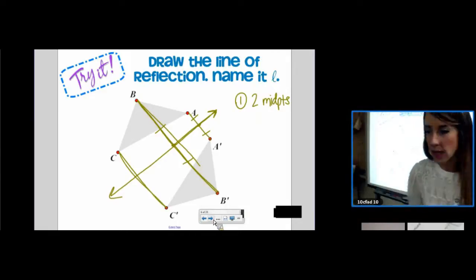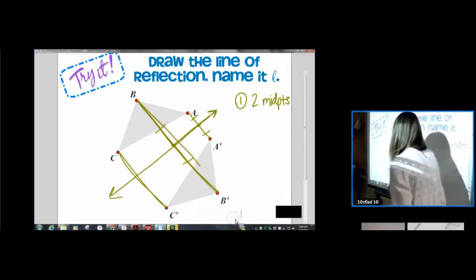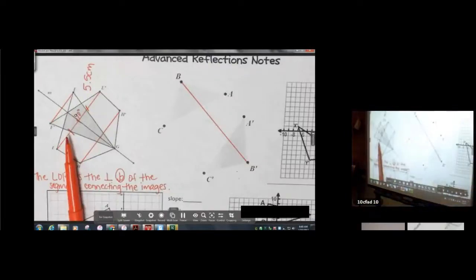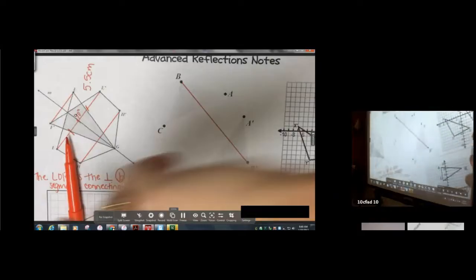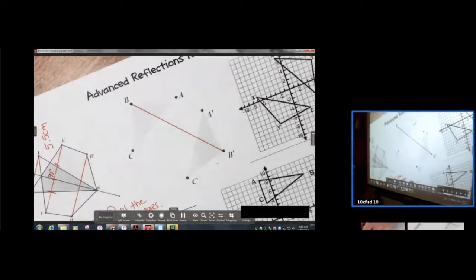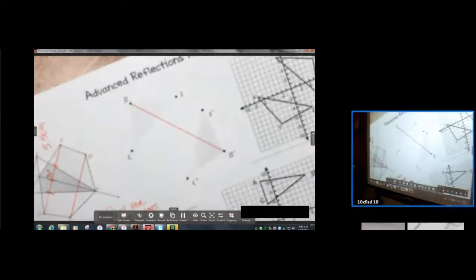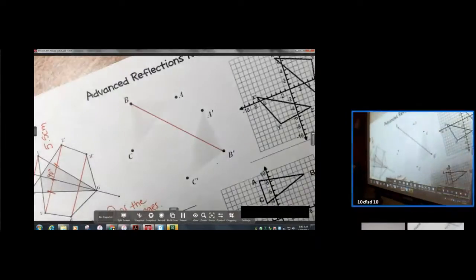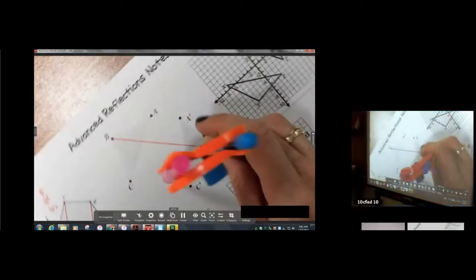Another way to do it that Jesselyn did was to draw one segment, connect one point and its image, and construct the perpendicular bisector of that one segment.